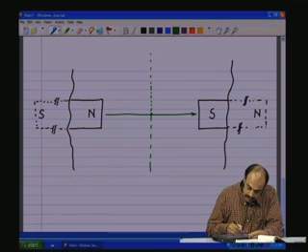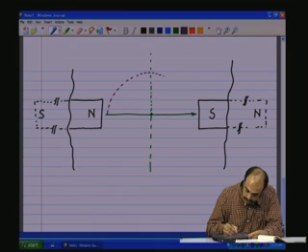Let us say we draw a circle. Let me draw a circle, as shown like that.